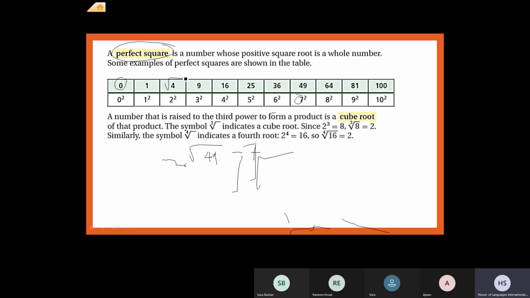The square root of 4 is 2. The square root of 9 is 3. The square root of 16, of 25, of 36, of 49, of 64, of 81, and of 100. All of these numbers are rational.